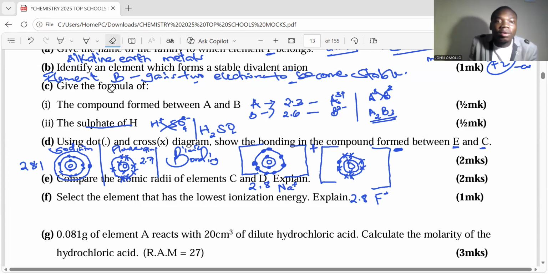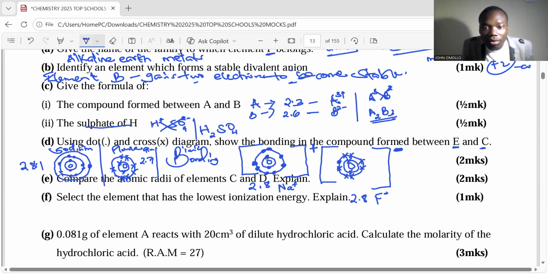So in that case, we have 1, 2, 3, 4, 5, 6, 7, 8 for sodium, 9, 10 for the sodium ion. And then for the fluorine ion, we have 1, 2, 3, 4, 5, 6, 7, 8, 9, again 10, because it is going to gain 1 electron from sodium.